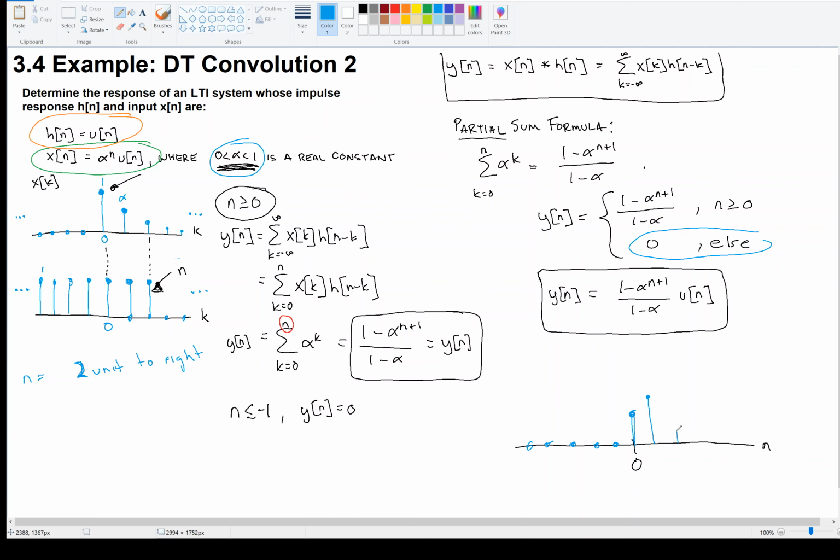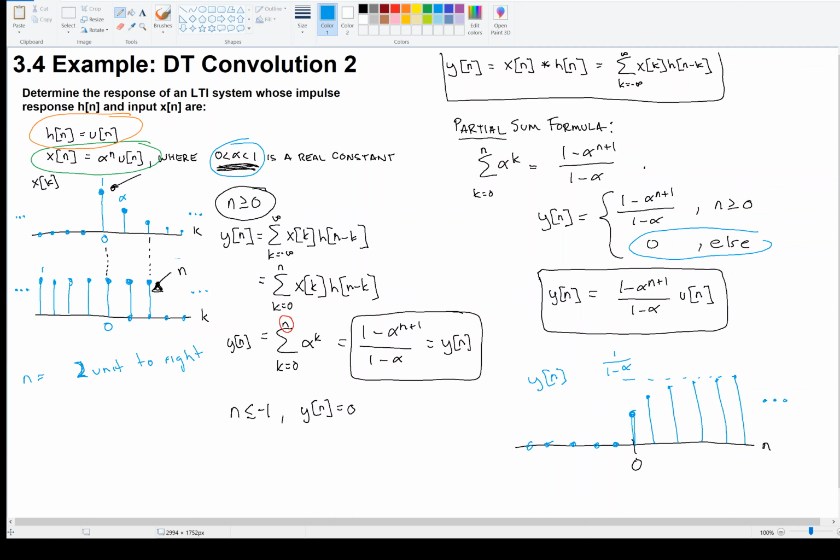So we'll see something like this if we plotted this, where this asymptote is 1 over 1 minus alpha. And it just keeps going like that. It gets closer and closer to that value. So again, this is y of n. That's the solution to this convolution problem.